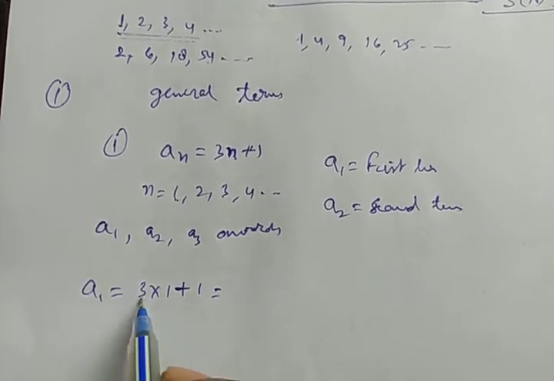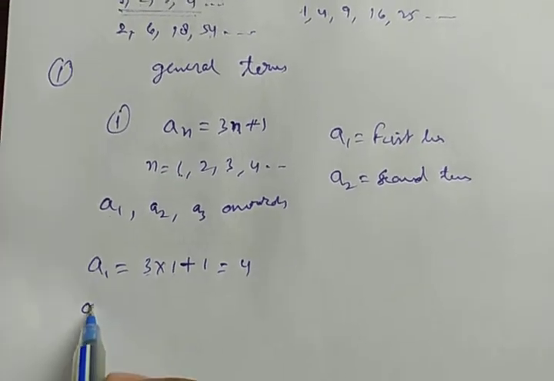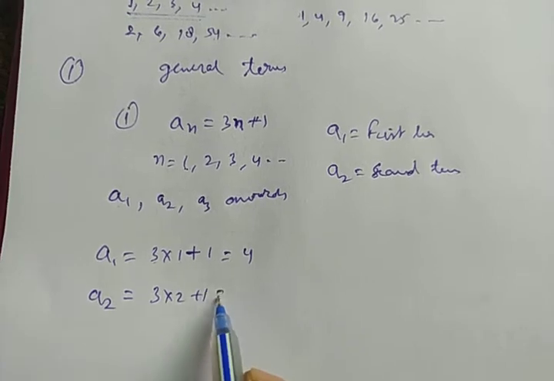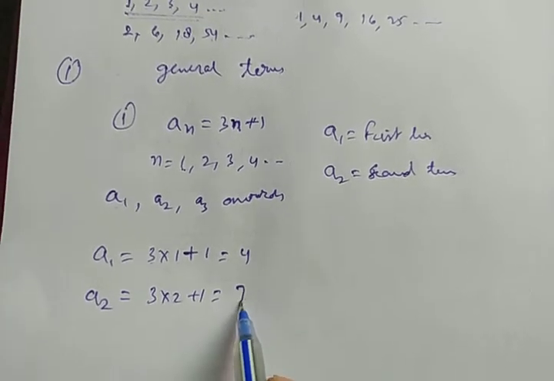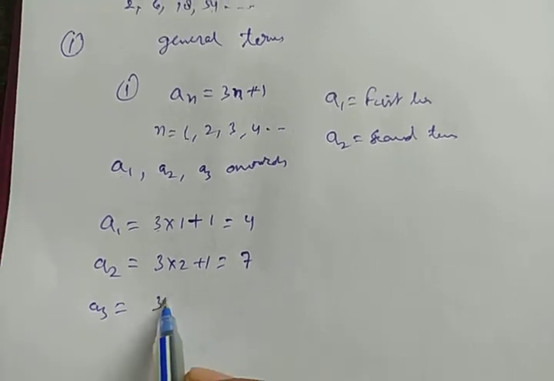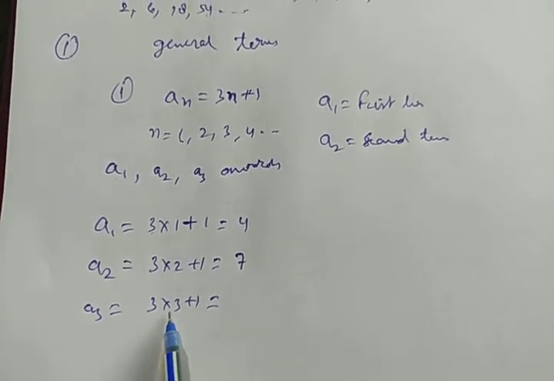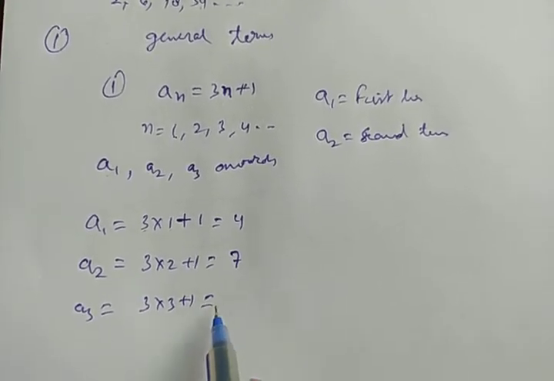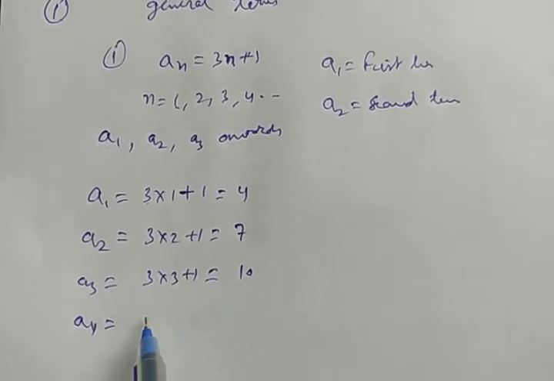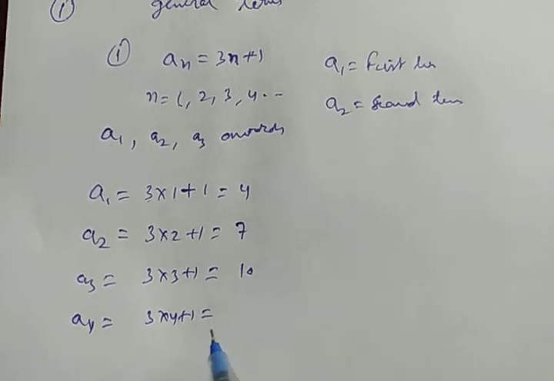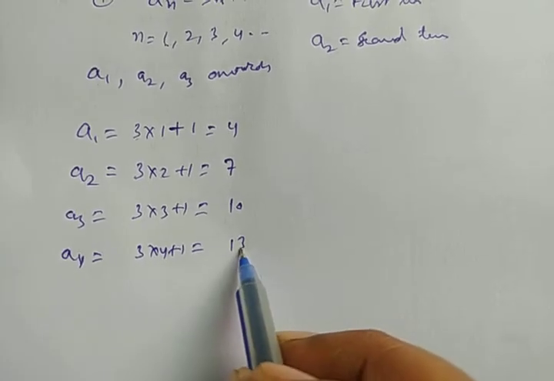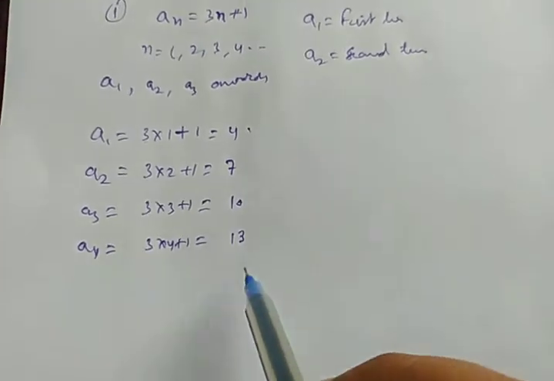Then you calculate 3 ones are 3 plus 1, 4. a2 is equal to 3 into 2 plus 1, 3 twos are 6 plus 1, 7. a3 is equal to 3 into 3 plus 1, 3 threes are 9 plus 1, 10. a4 is equal to 3 into 4 plus 1, 4 threes are 12 plus 1, 13. Now these are the four terms of the sequence.